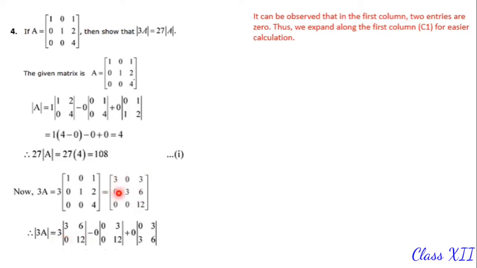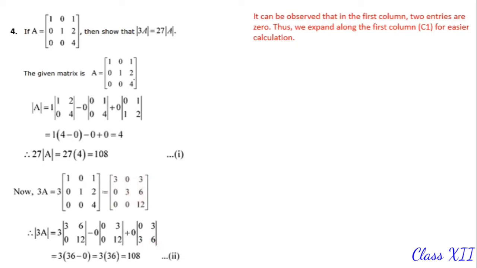Next is second element, second row, first element, that is 2 plus 1, 3, 3 is odd, because of that it is negative sign. 0 into row, column is gone, that is 0, 3, 0, 12, it is written. Next element is 0 here, that is third row, first element, that is 3 plus 1 is 4. 4 is an even number, because of that it is plus. 0 into row, column is gone, that is 0, 3, 3, 6, it is written here.